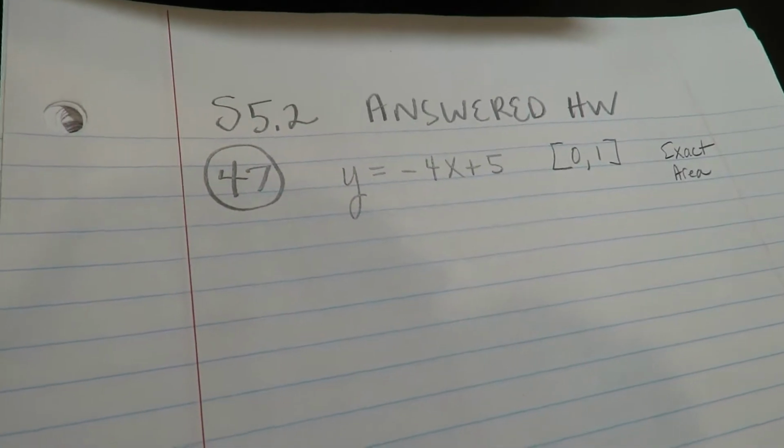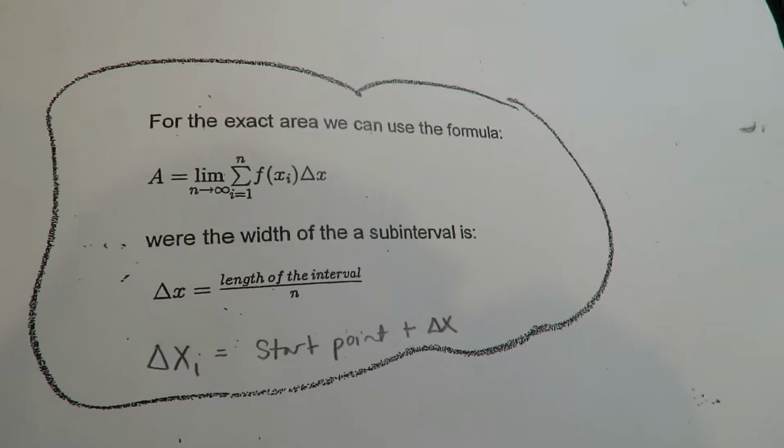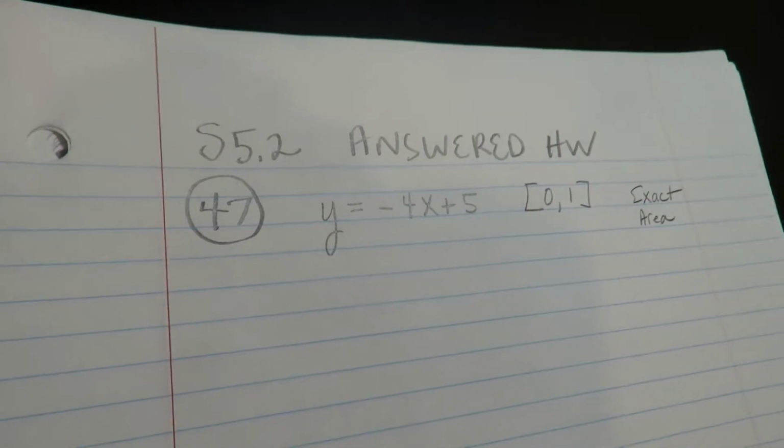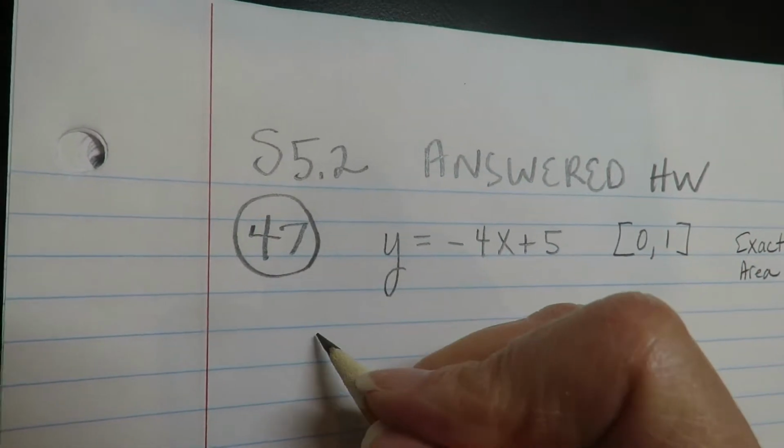Alright gang, this one's the exact area, so we're going to be using all these formulas over here, okay? When you're doing the exact area, you start with the delta x formula.